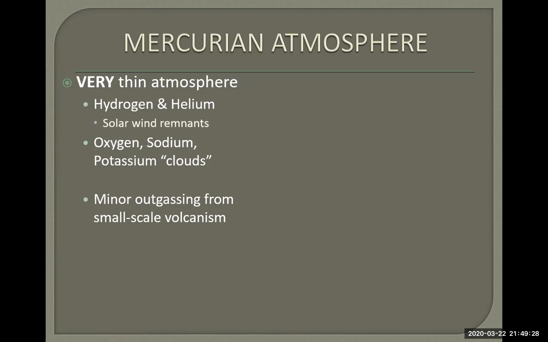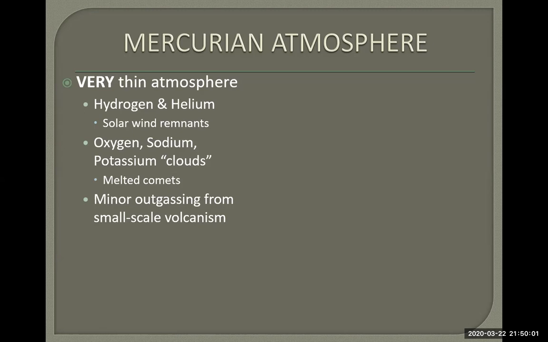Now, the origin of this atmosphere: the hydrogen and the helium come from the solar wind, aka the sun. As we'll find out in chapters 14, 15, and 16, the sun is primarily hydrogen and helium, and because Mercury is the closest to the sun, it's really not surprising that this would permeate Mercury's atmosphere to some extent. The oxygen, sodium, and potassium clouds, their source is interesting. Kind of like the Earth's atmosphere back in chapter 8 came from comets, they're ices and materials vaporizing, turning into gases.